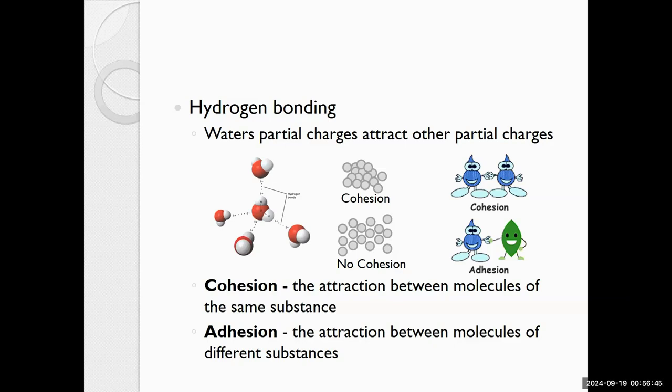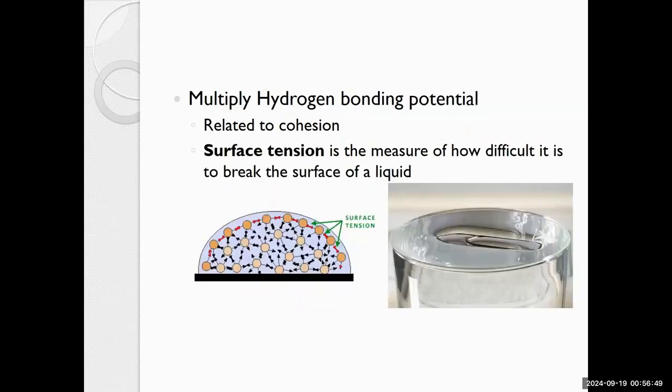But the hydrogen bonding that exists between water can give rise to some really interesting phenomena, such as surface tension, the ability of that water droplet to retain its shape. The hydrogen bonds between those water molecules are holding it cohesively together because multiple hydrogen bonds can form given there's multiple hydrogens in each water molecule.